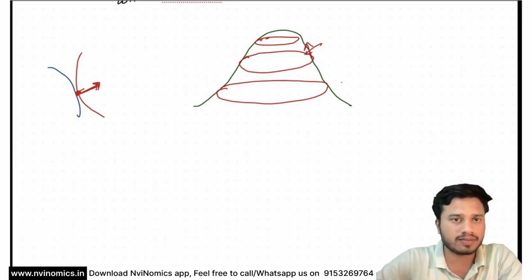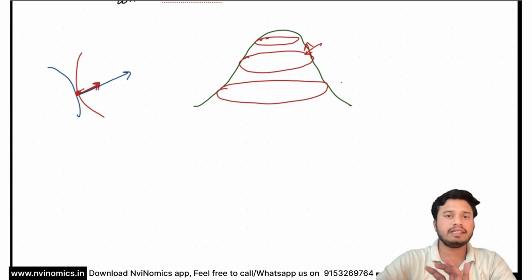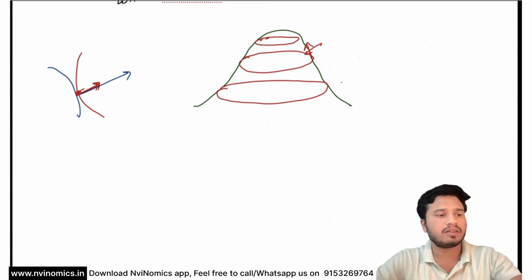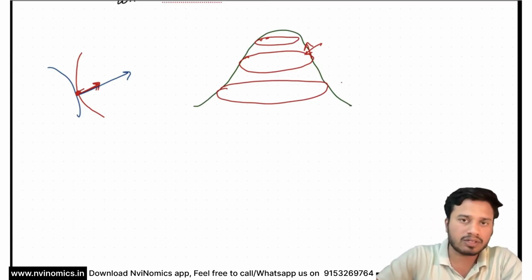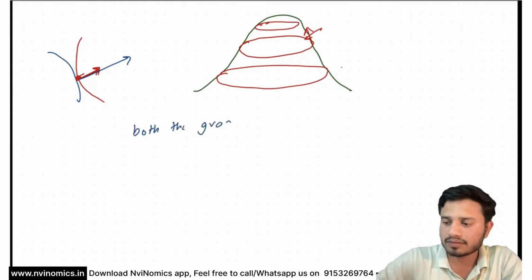The length of the gradient may change, right? So the gradient will be this, and for the blue line, the constraint equation, we have a gradient like this. So the length can be different. This is the main idea. The length of the vector can be different, but they both are perpendicular. Or I can say that they both are proportional to each other. Both the gradients are proportional.